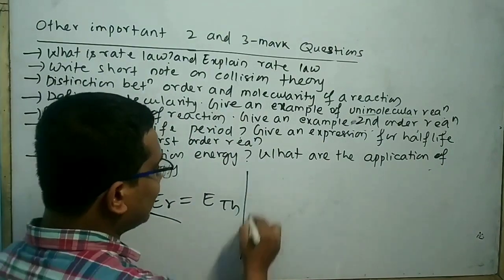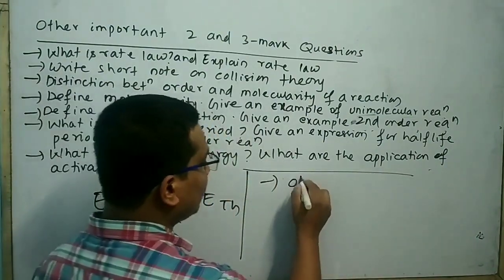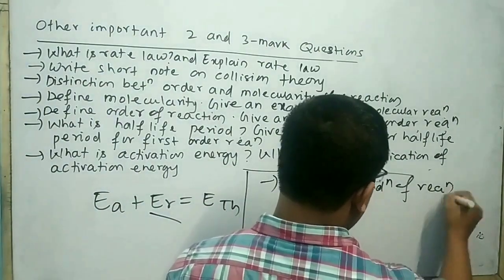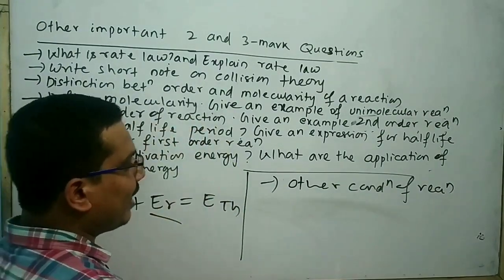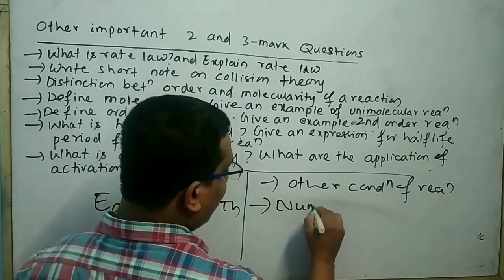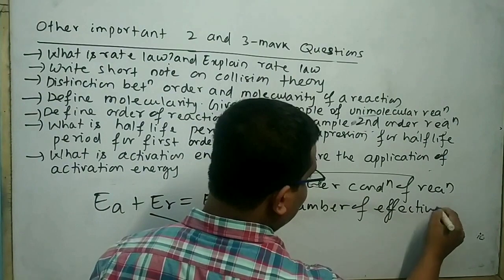By knowing the activation energy, we are able to determine the other conditions of the reaction. That means we can think about the pressure, catalyst like this. With the help of activation energy, we can calculate the number of effective collisions.